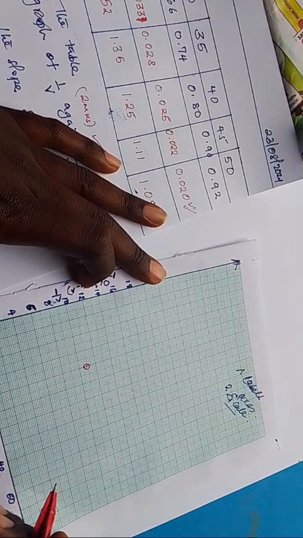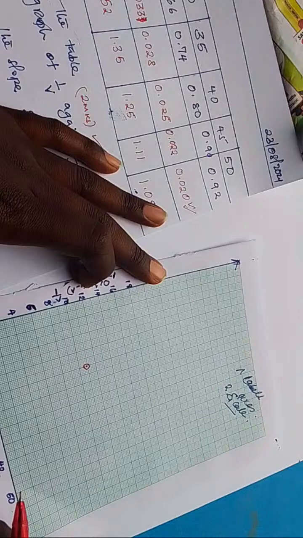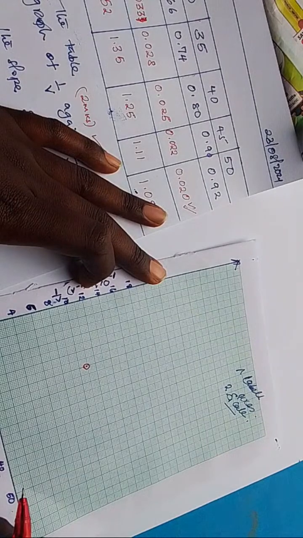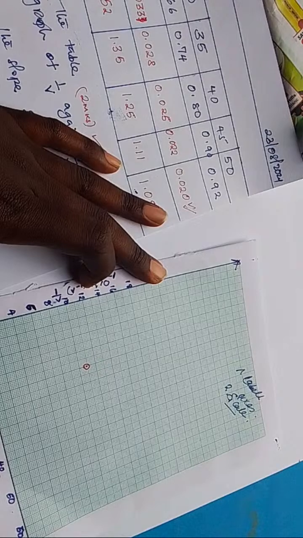And this one is against 22. Therefore, where do I have 11? I can decide to have 11 sharp against 22.